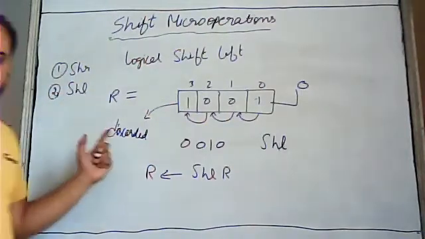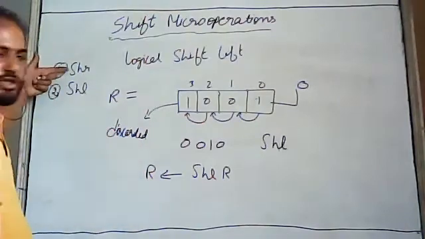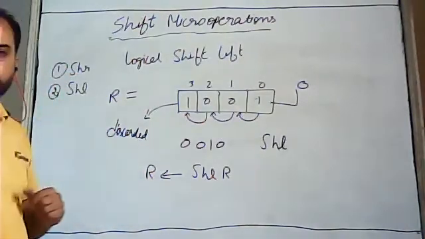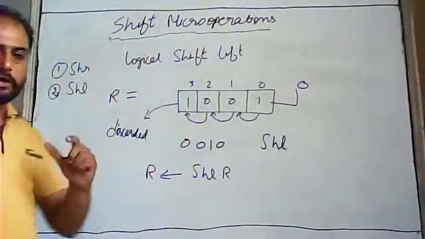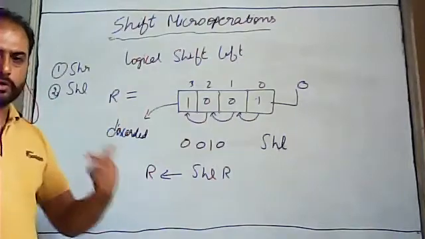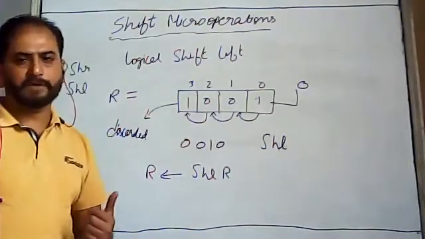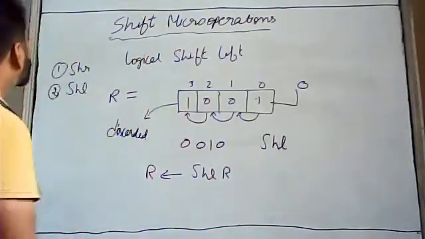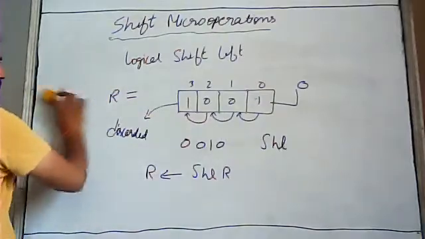These are the symbols to represent logical shift right and logical shift left. SHR means logical shift right by 1 bit, and SHL means logical shift left by 1 bit. So this is about logical shift.